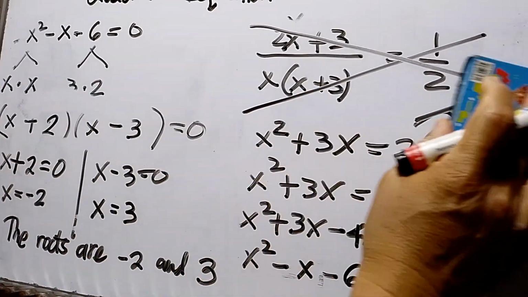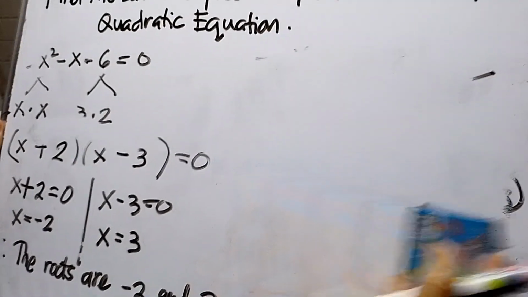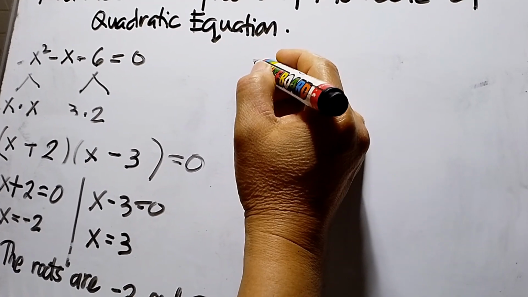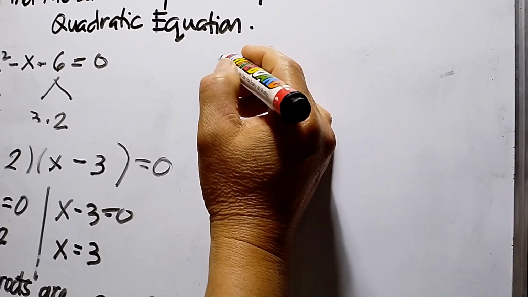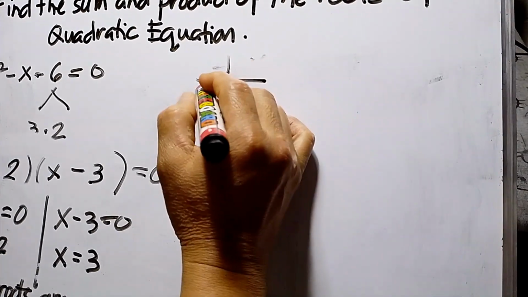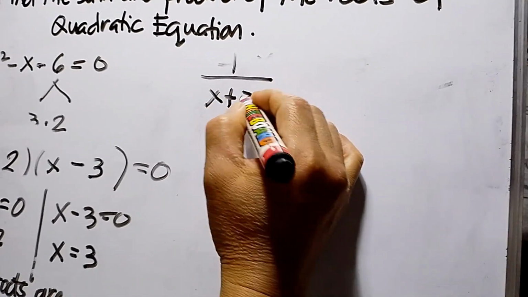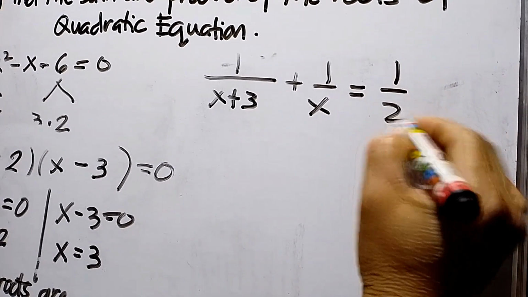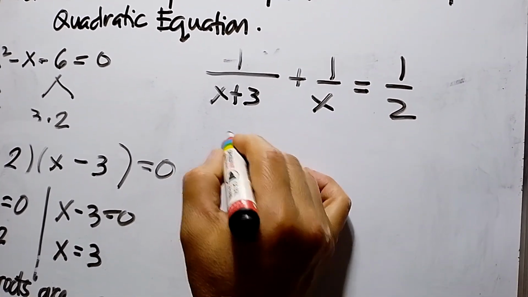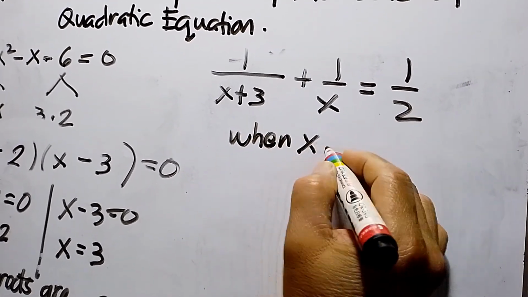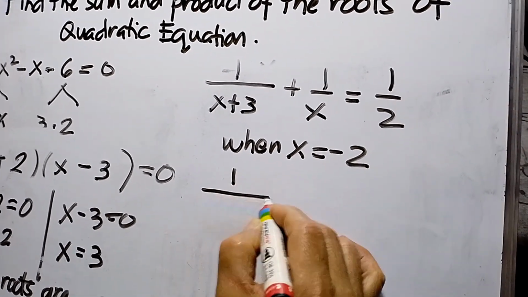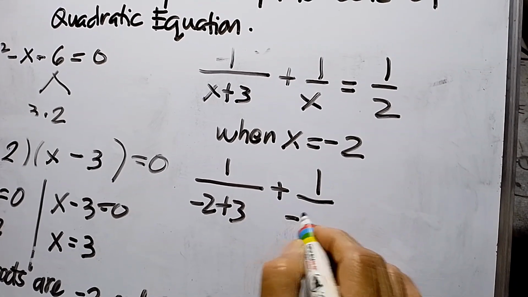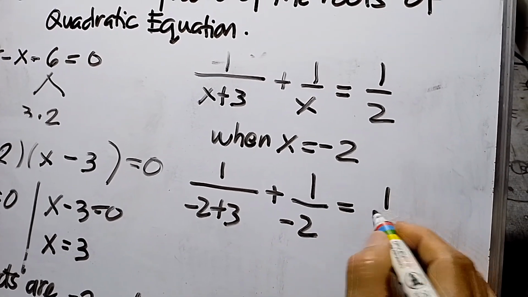Then let us check this one if this is correct, by substituting the given. So from the given, 1/(x + 3) + 1/x is equal to 1/2. So when x equals negative 2, 1/(-2 + 3) + 1/(-2) is equal to 1/2.